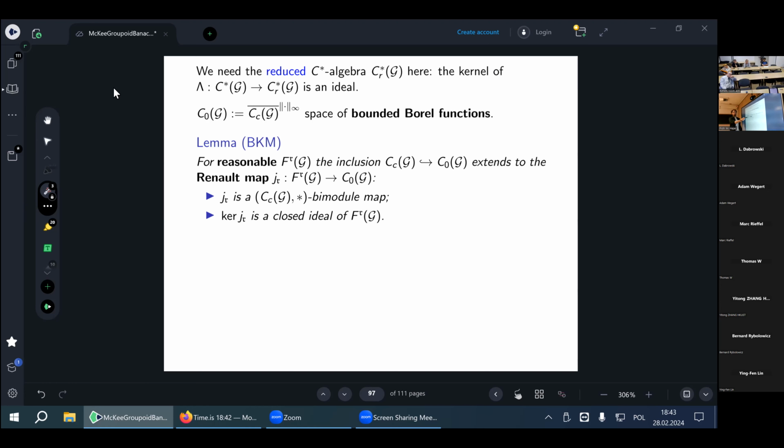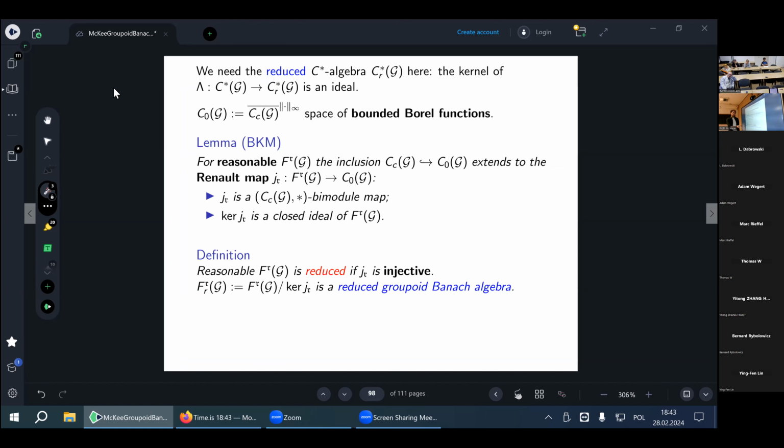Of course, C0 is not a Banach algebra for convolution, but this map is still a Cc convolution bimodule map. And the kernel turns out to be a closed ideal. And so we need to get rid of this closed ideal, which is always inside our Banach algebra. Therefore, we say that our reasonable Banach algebra is reduced if this Renault map is injective.